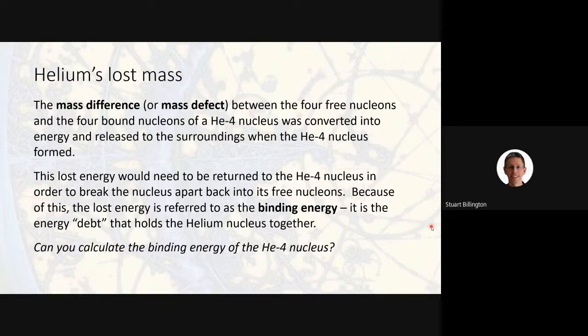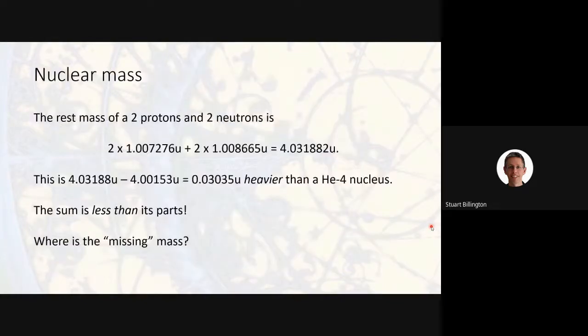So what I would be interested in you doing for me, please, is could you please work out what the binding energy of the helium-4 nucleus is? So I want to know how much energy came out of the nucleus when it formed. So you're going to have to write some numbers down. The first number that I just need you to make a small note of is the mass defect.